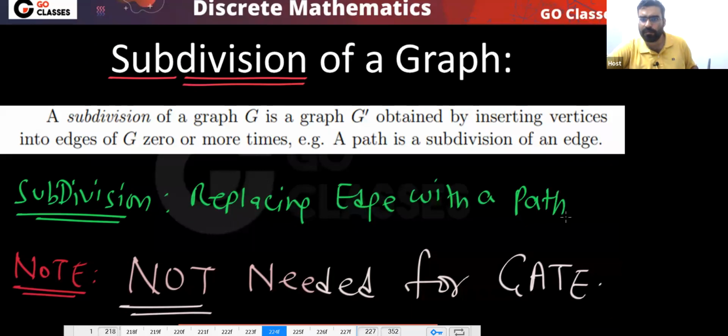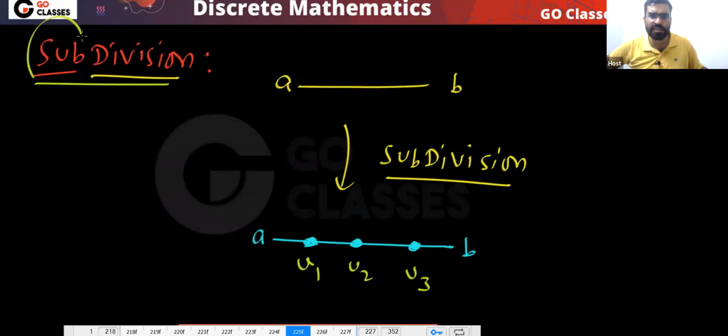Is this definition clear? Very simple definition. The name itself is telling you: you are dividing this edge. This is called subdivision.